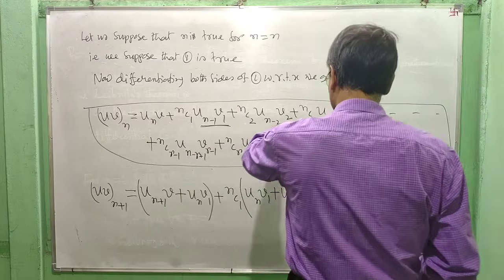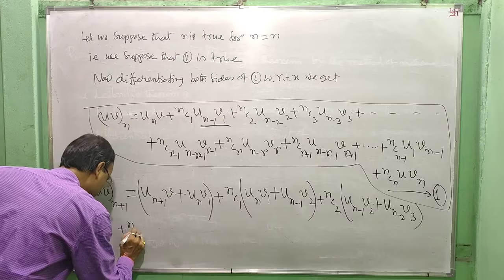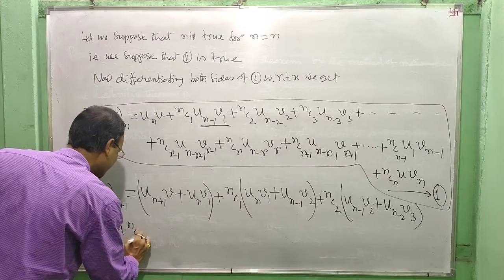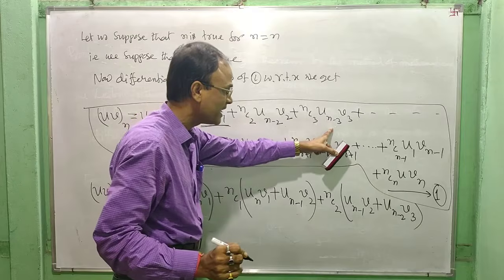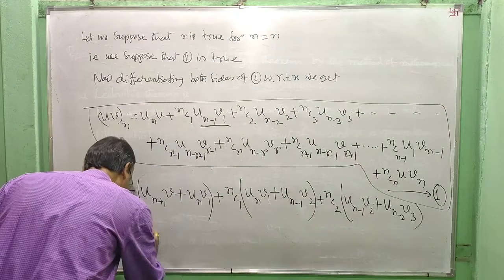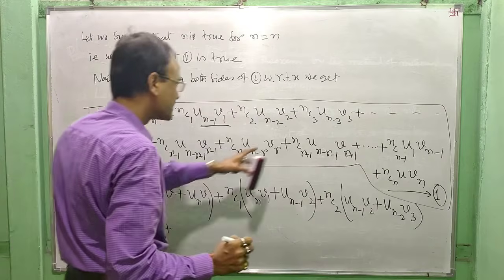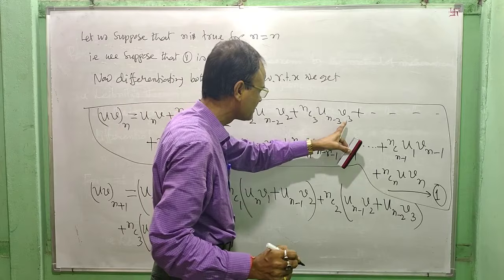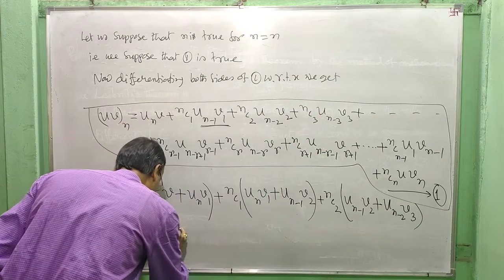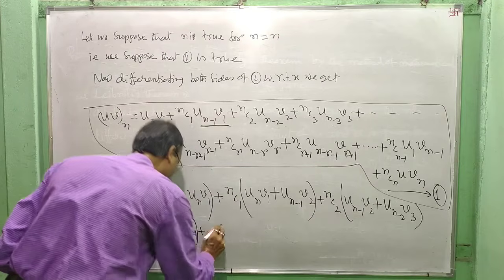Differentiate this one, plus nC3, differentiate this, u^(n-2) v3 plus u^(n-3) v4 plus.